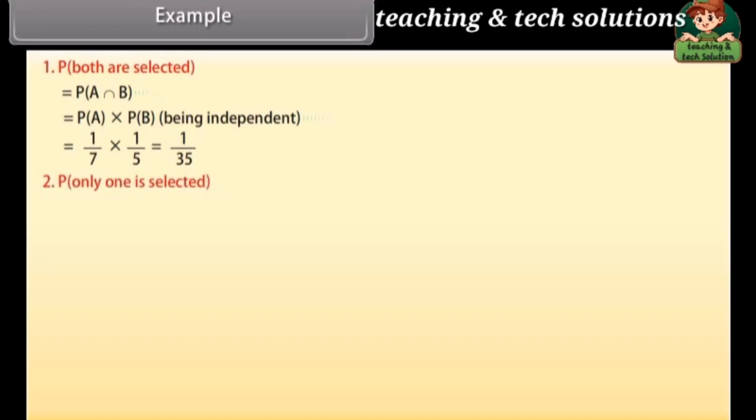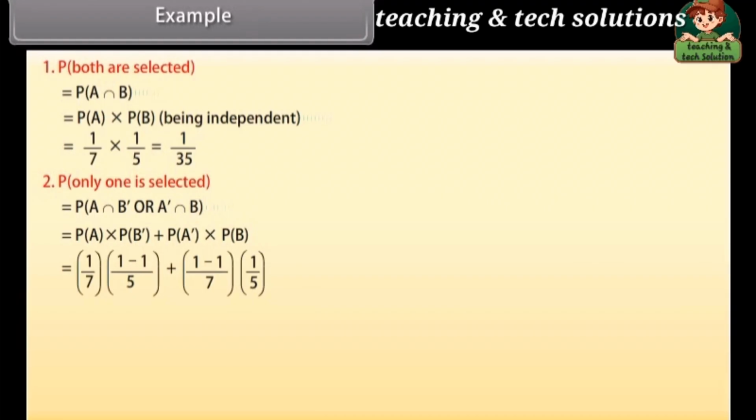The probability that only one is selected is equal to the probability of A intersection complement of B, or complement of A intersection B, which is equal to the probability of event A into the probability of complement of event B plus the probability of complement of event A into the probability of event B, which is equal to 1 by 7 into (1 minus 1 by 5) plus (1 minus 1 by 7) into 1 by 5, which is equal to 4 by 35 plus 6 by 35, which is equal to 10 by 35, which is equal to 2 by 7.